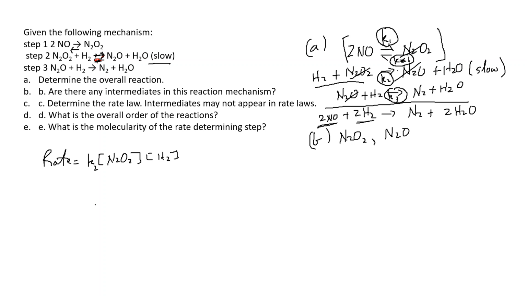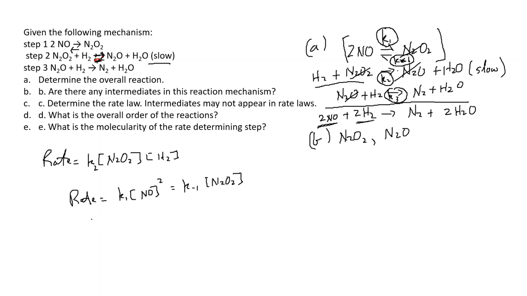So therefore, we can write down that the rate of the forward reaction, which is equal to K1 times the concentration of NO squared, is equal to the rate of the reverse reaction, which is K minus 1 times the concentration of N2O2, right?